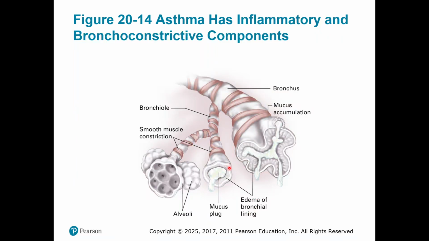All right, so bronchial constriction. Remember the smooth muscle in the bronchioles? Well, they're constricted. And it's that constriction plus this mucus accumulation that's a problem with this disease pattern.